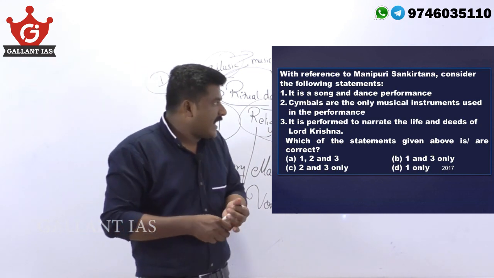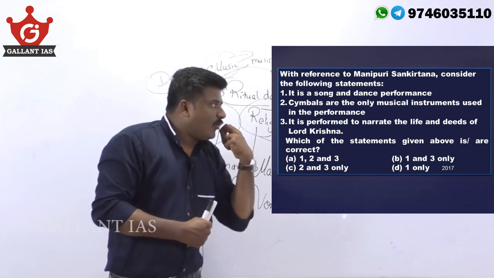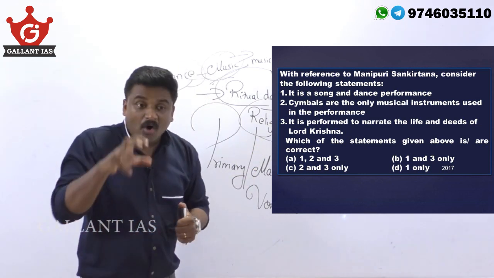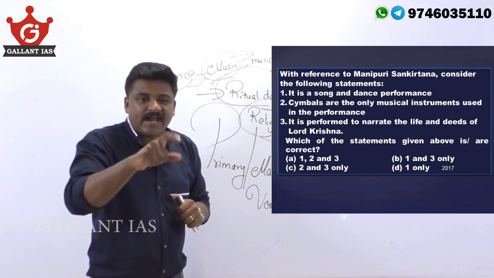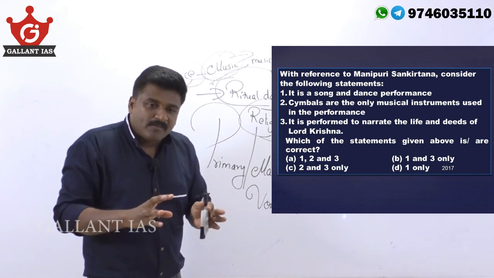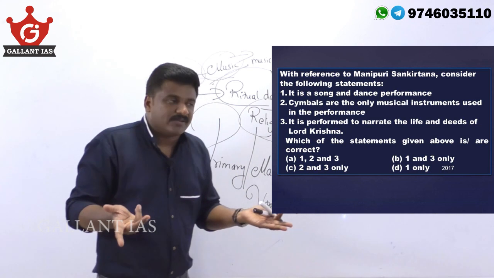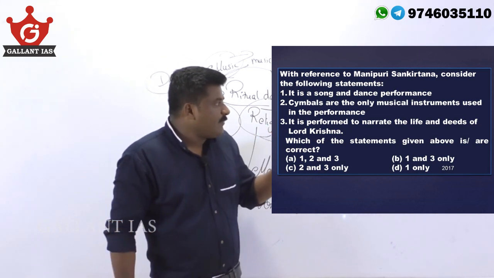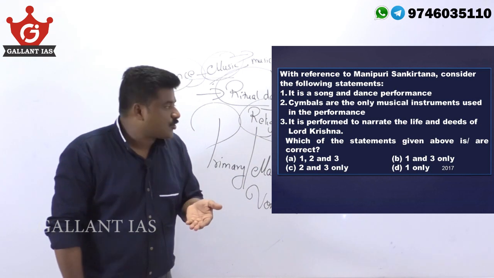So that is our basic idea. It was a ritual dance. It's a song and dance combination. Cymbals are the only musical instruments used here. Only. You again see that in any ritual dance performance, dance drama performance, or dance and music performance, definitely there will be more than one musical instrument. We know that. So cymbals being the only musical instruments used in the performance, again, we know that is a wrong statement.